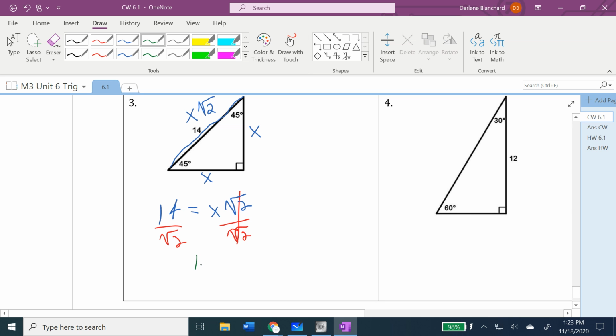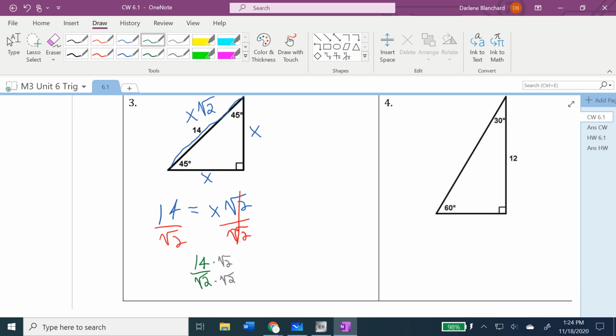And you need to know how to get into that format. So I'm going to take 14 divided by root 2. The root that is in the denominator, if I multiply top and bottom by that root, so times root 2 over root 2, that will allow me to eliminate having a root in the denominator.